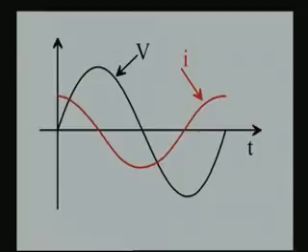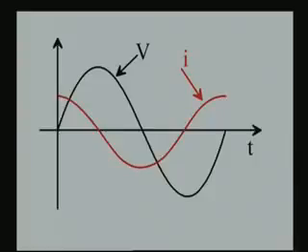See the difference here. Here the current is crossing the 0 going positive before the voltage source goes positive.